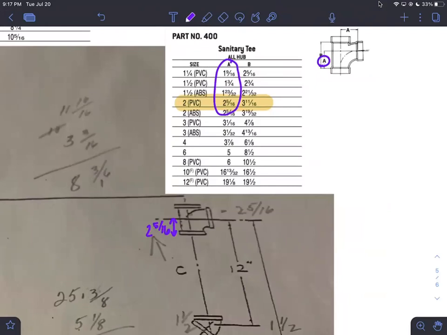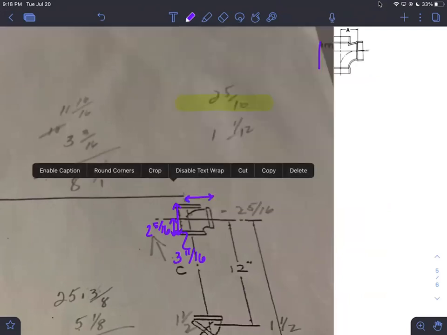It tells me that this measurement is B, which is here to here, and that number is 3 11/16. And then they also told me the number from here to here is A, which we already know.